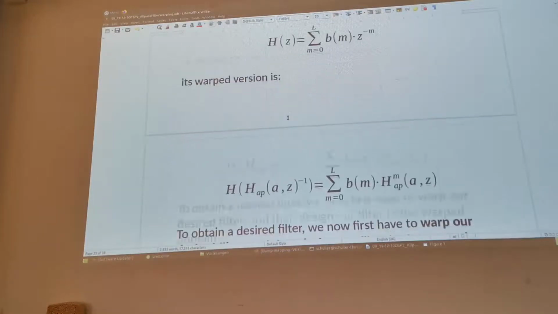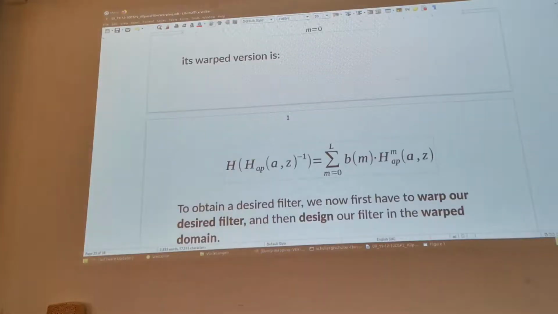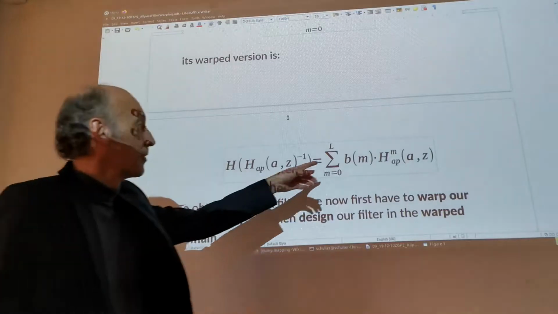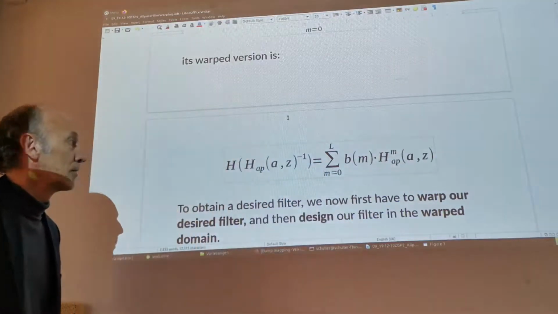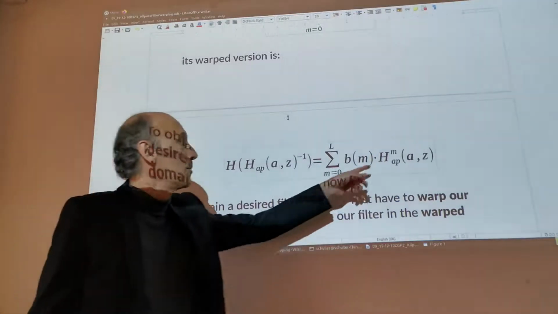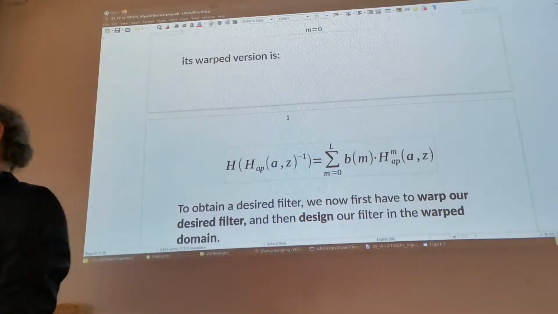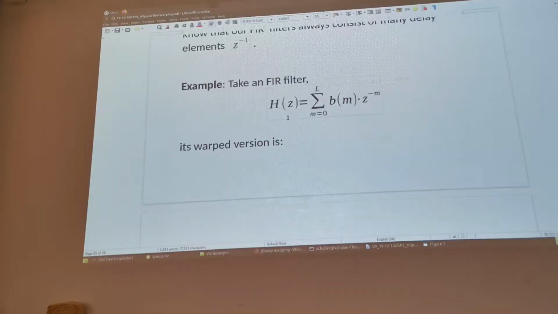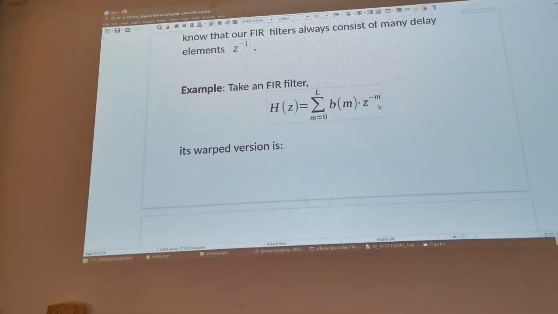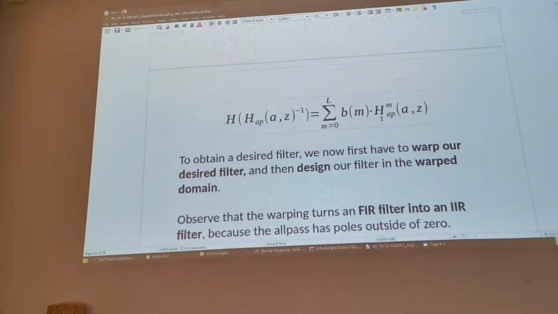And then the warped version simply consists of replacing all the delay elements by all-pass filters. And this m means the concatenation of m filters. So here Z to the minus m means m delays, and the warped version means m all-pass filters in the cascade.